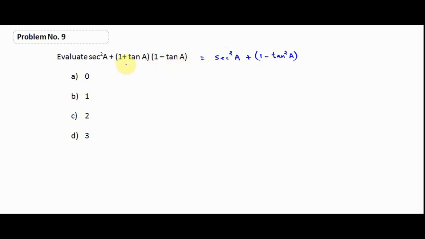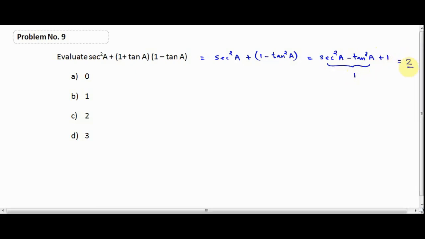So we may rewrite this second part as 1 square minus tan square A. Now this can be replaced as sec square A minus tan square A plus 1. And we know that sec square A minus tan square A is 1. So 1 plus 1, we will get the final answer as 2. So here the right answer is given by option C.